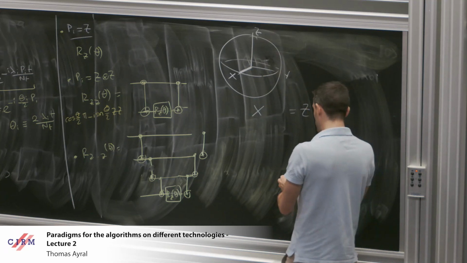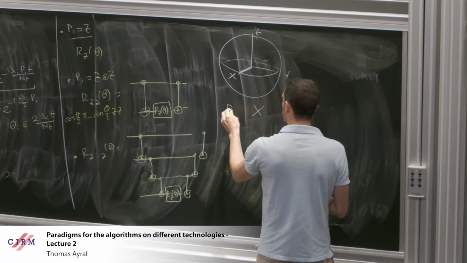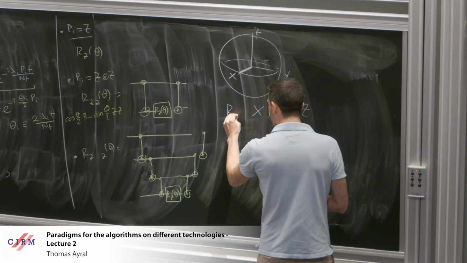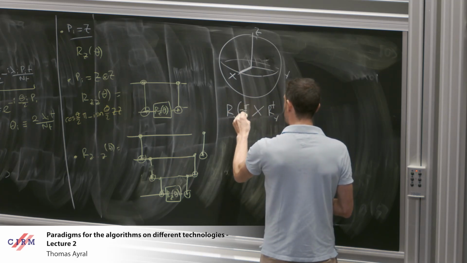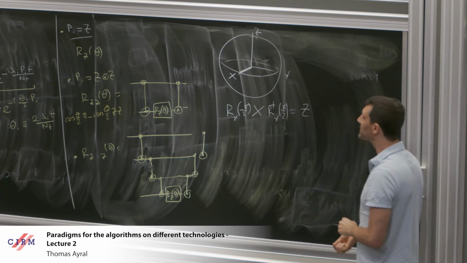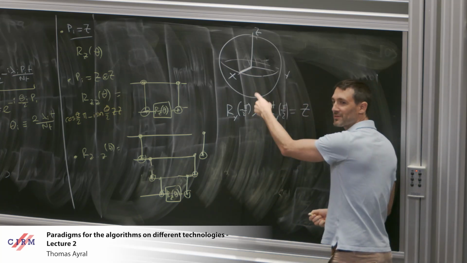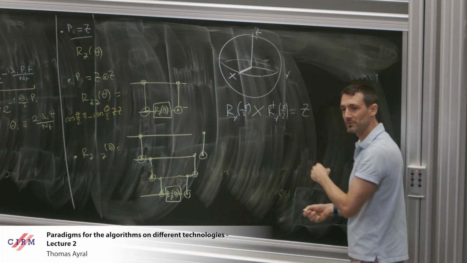So now in principle, I have to do R and here R dagger of Y of minus pi half. My claim is that if you do that, it works based on this geometric argument, but you can check yourself that if you do the math, it works.